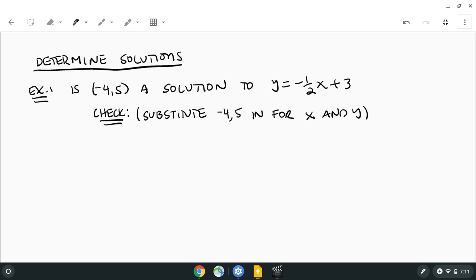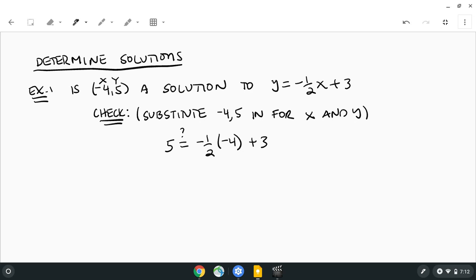Okay, let's have a look. Remember, this is x, this is y. So y is 5, and we want to know, will this equal the other side? The other side is -1/2 times x, and x is -4, plus 3.